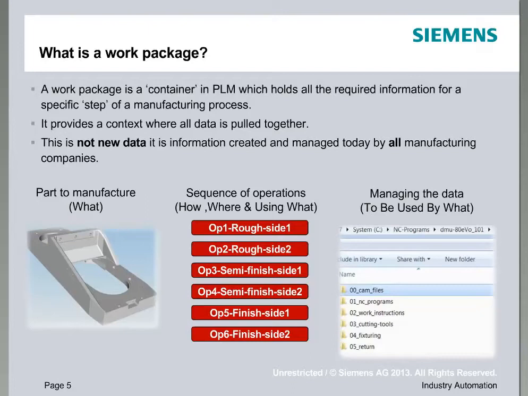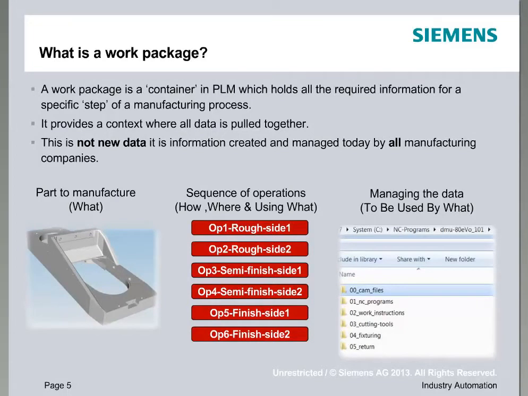It's a way of providing context and bringing all the information together. It's not new data. It's information that is created by all manufacturing companies today. It's the CNC, NC programs, it's the work instructions, it's all that good stuff.